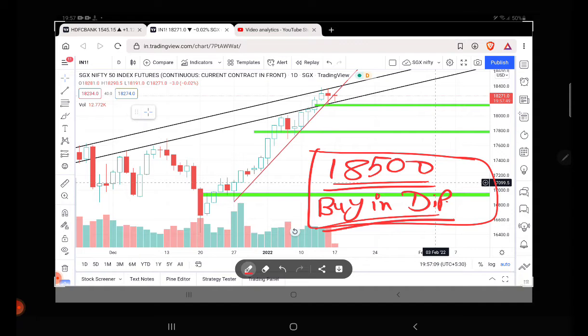Till now it is not. I have told you various times that for now the market is not in buy on dip. If SGX Nifty closes above it, then SGX Nifty will become buy in dip and it will move towards more highs soon.